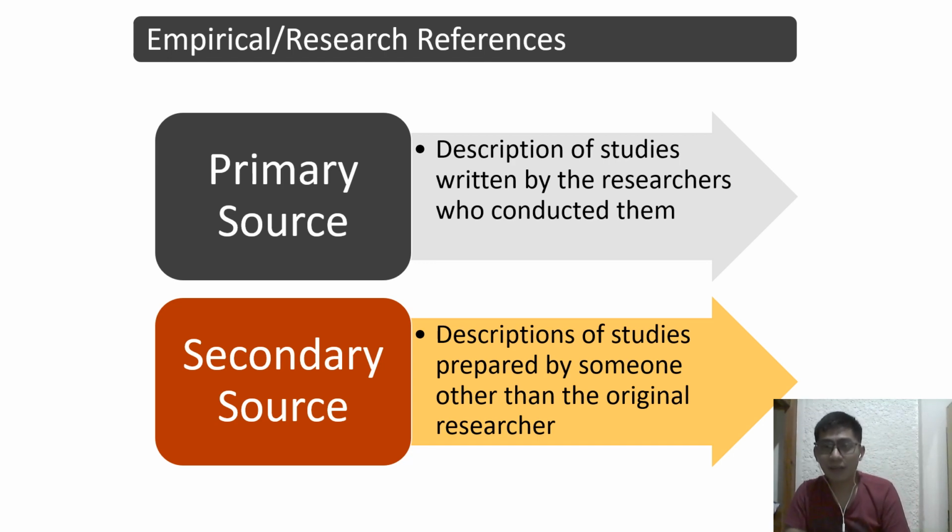Empirical is divided also into two. The primary source is a description of studies written by the researcher who conducted them. The secondary source is a description of studies prepared by someone other than the original researcher.